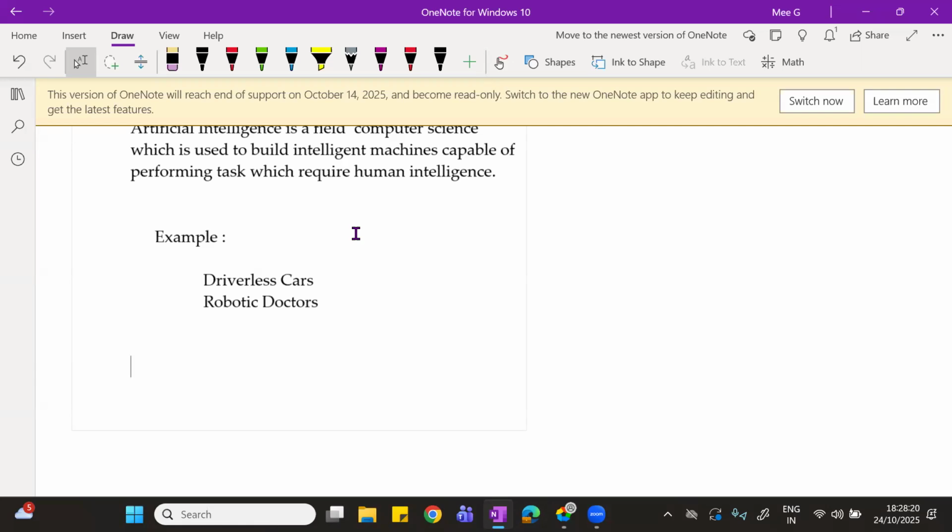No. Because AI has been evolving over the decades. It's been decades since AI has been constantly evolving. Now, the first point I want to say is when exactly AI came into existence, or when exactly someone talked about AI for the first time.